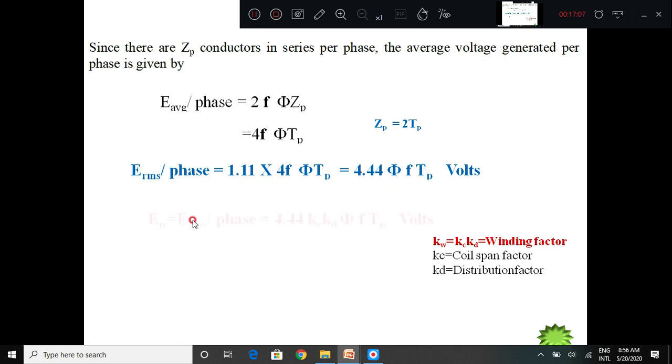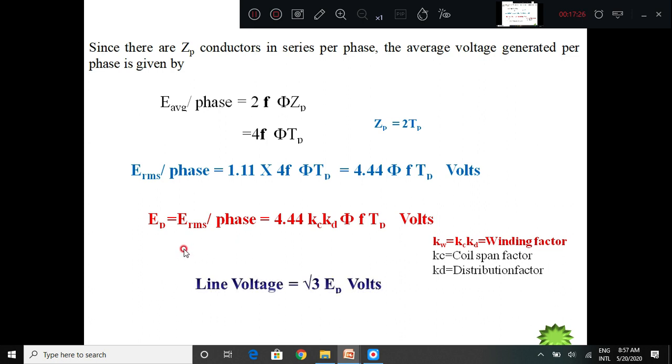So the general equation for Ep is 4.44 Kc Kd phi f Tp, because these determine the magnitude of the induced voltage for short pitch winding as well as distributed winding.